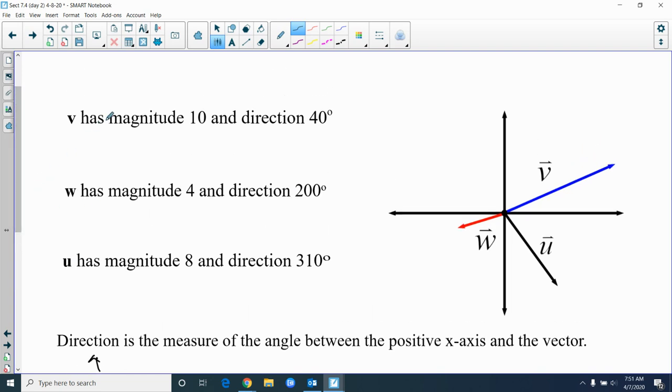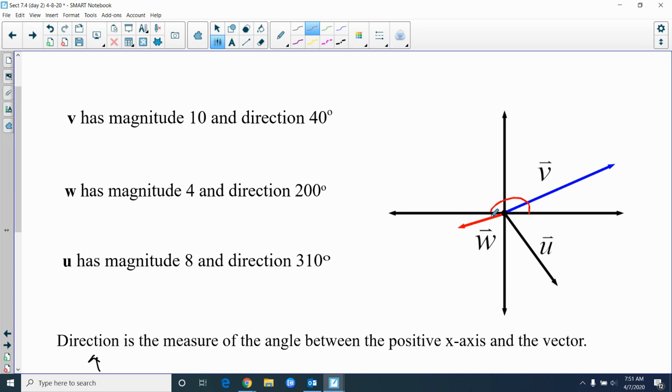This is just to show you what's going on. Vector v has a magnitude of 10 and a direction of 40 degrees. That means this angle right here is 40 degrees, and the length of the vector is 10 units, 10 inches, 10 centimeters, 10 miles, whatever units we're working in. w has a magnitude of 4, a length of 4, and a direction of 200 degrees.